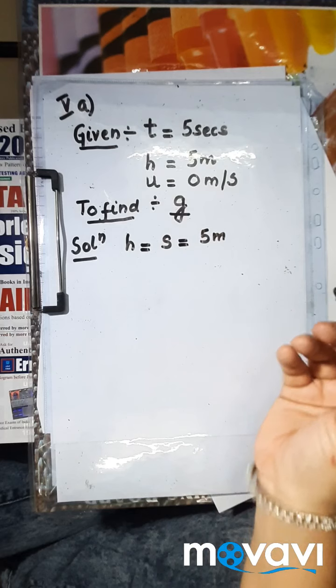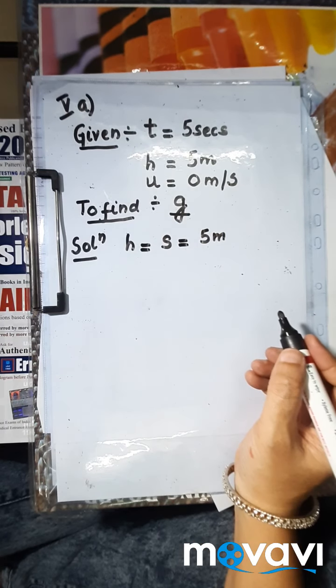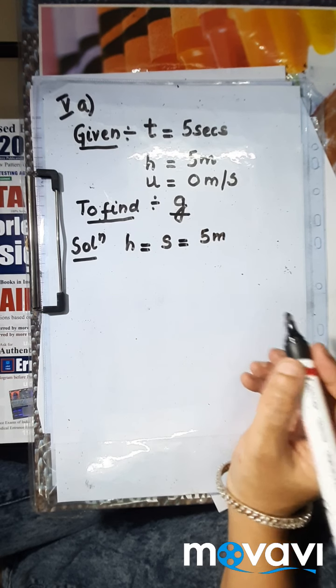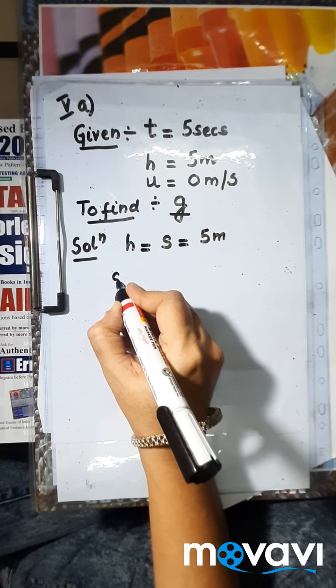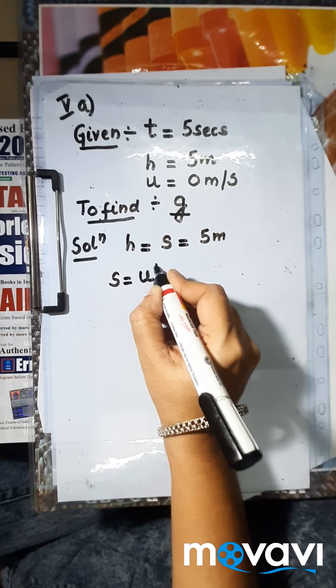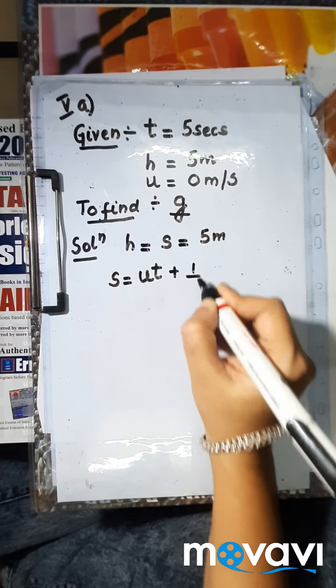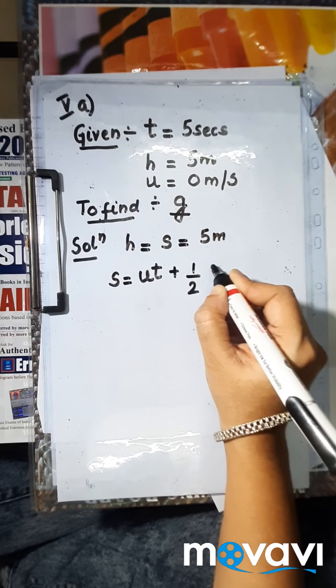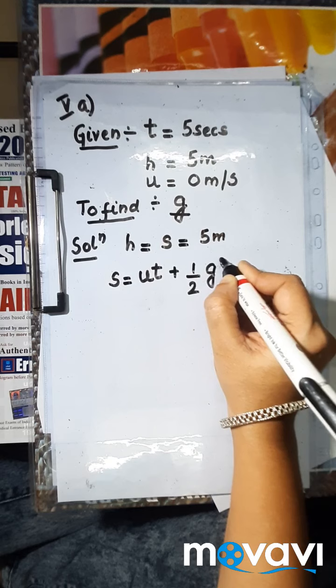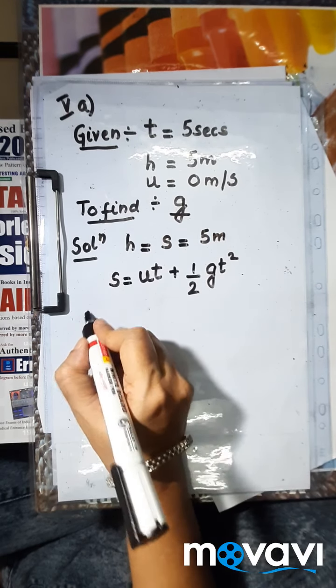Now which formula will you use of the three? Now you are taking your U as 0. I told you, for a freely falling body, but I like to always take this extra step, though you can avoid this and straight away go to the formula. S is equal to ut plus half gt square.